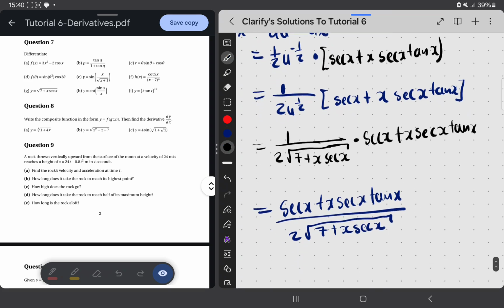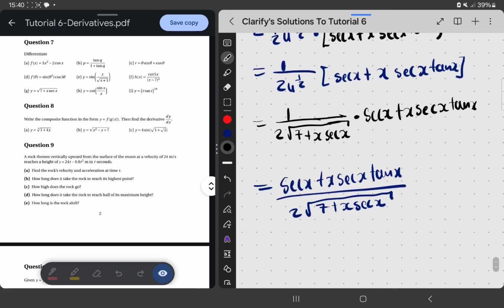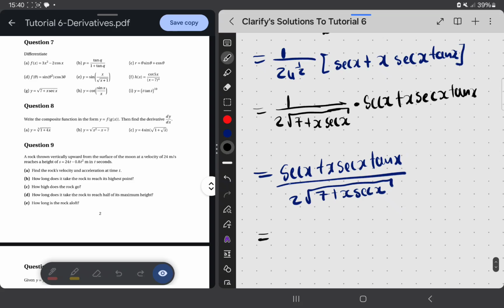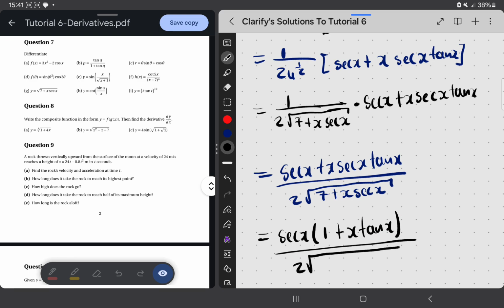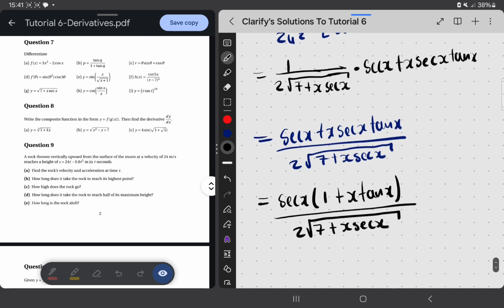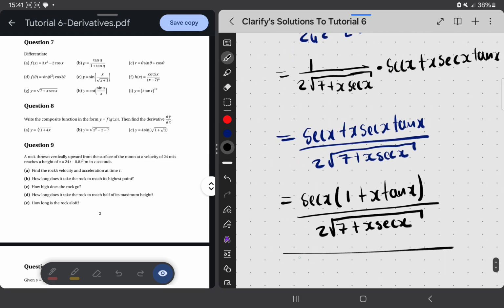If you want, you can leave it like this, or you can be bougie by saying that there's sec x on both terms. You can just have sec x, then here you remain with 1, plus here it cancels, so you remain with x tan x, all over 2 root of 7 plus x sec x. This is going to be your final solution, and you are done.